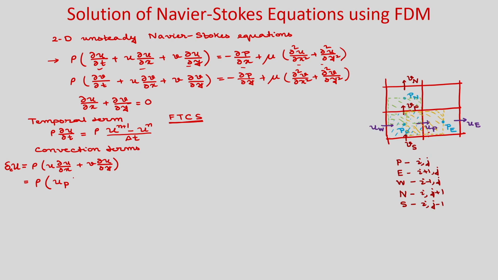So, you can write u e minus u w divided by delta x. If we have a uniform grid, then you can write delta x, and this is your delta y.